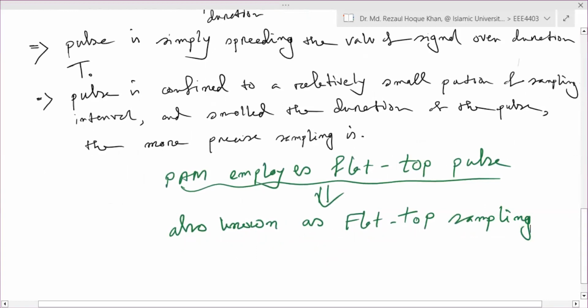Okay, so we already have the idea about pulse amplitude modulation, which is also called sample and hold and flat top sampling.